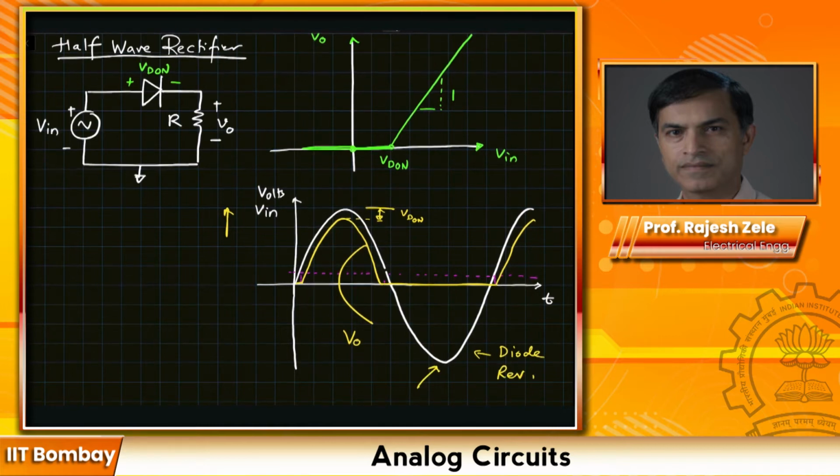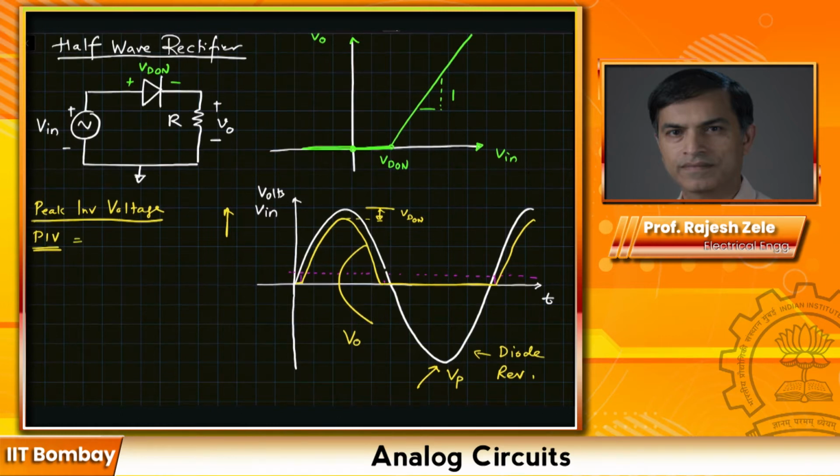If the peak voltage of the input waveform is too large compared to the breakdown voltage of the diode, then the diode will break down. There is a term that is defined, called PIV, which is peak inverse voltage, for each rectifier.